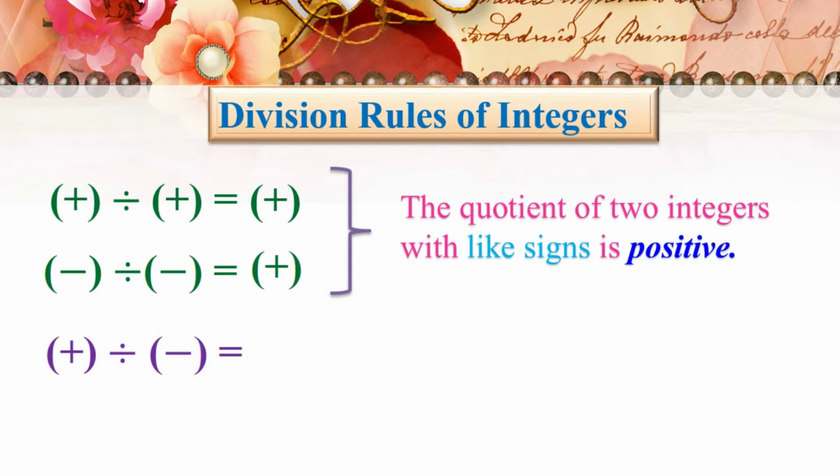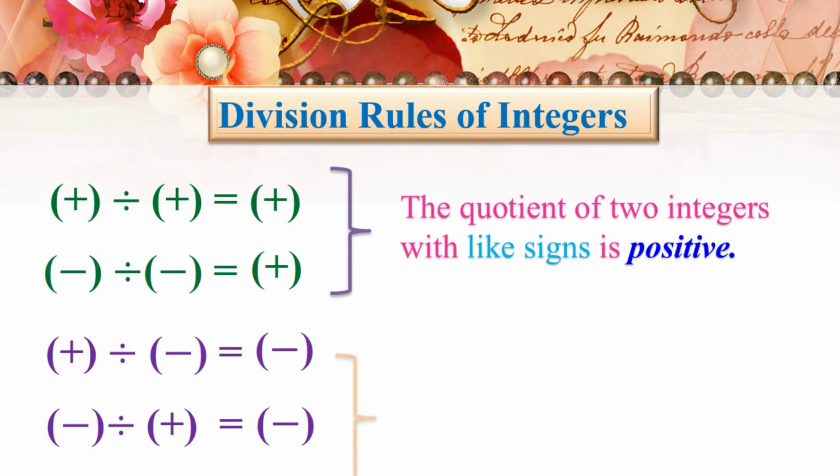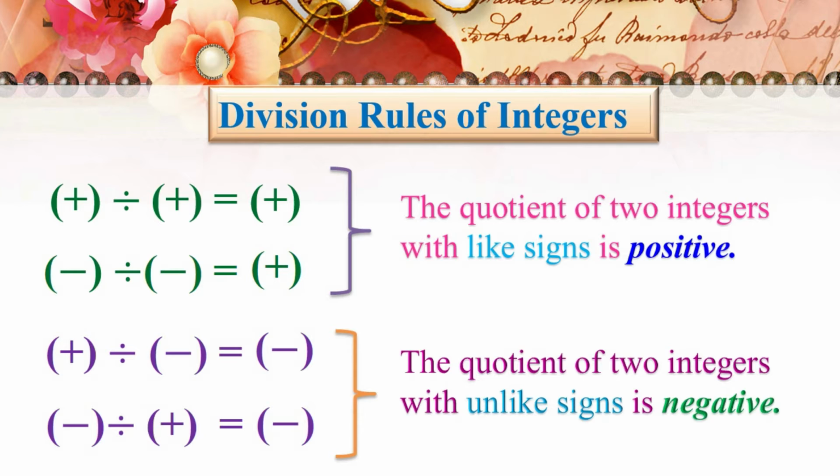When we divide a positive integer by a negative integer, we get a negative integer. When we divide a negative integer by a positive integer, we get a negative integer. That means the quotient of two integers with unlike sign is negative.